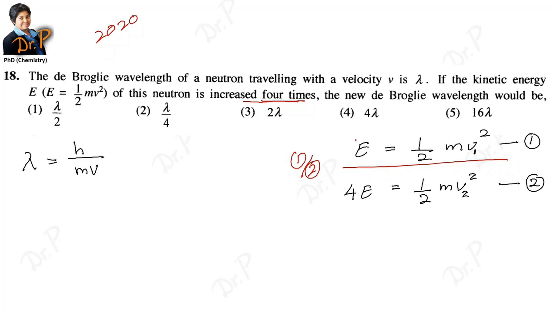So I can cancel out E to E and my half to half, m to m, because m doesn't change. We are talking about the same particle. I will work out each step so it's going to be clear to you. I'm going to rearrange this.